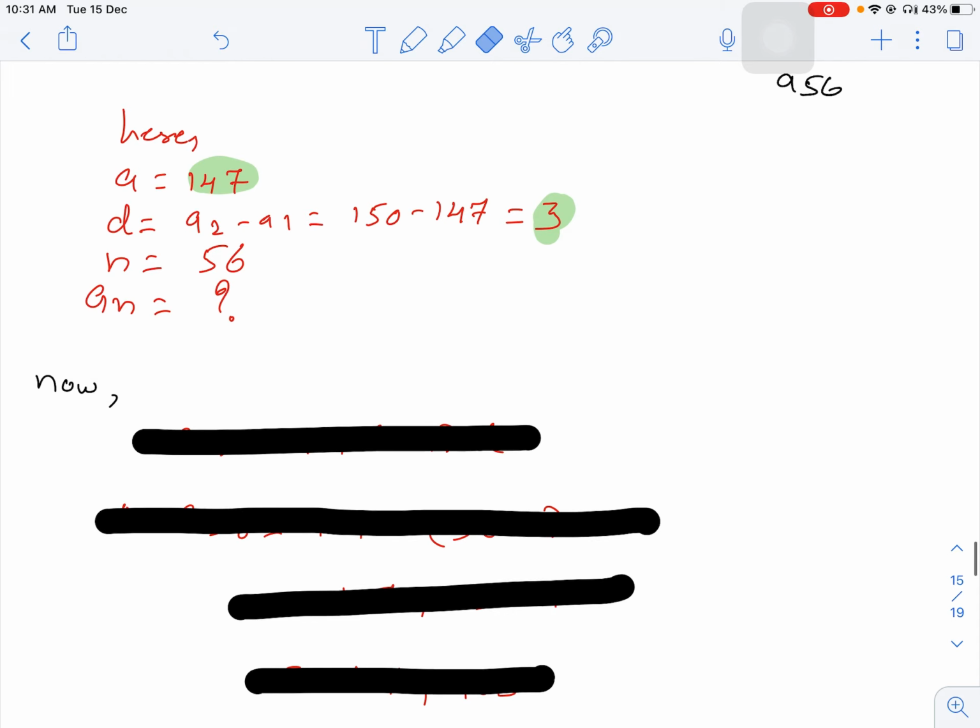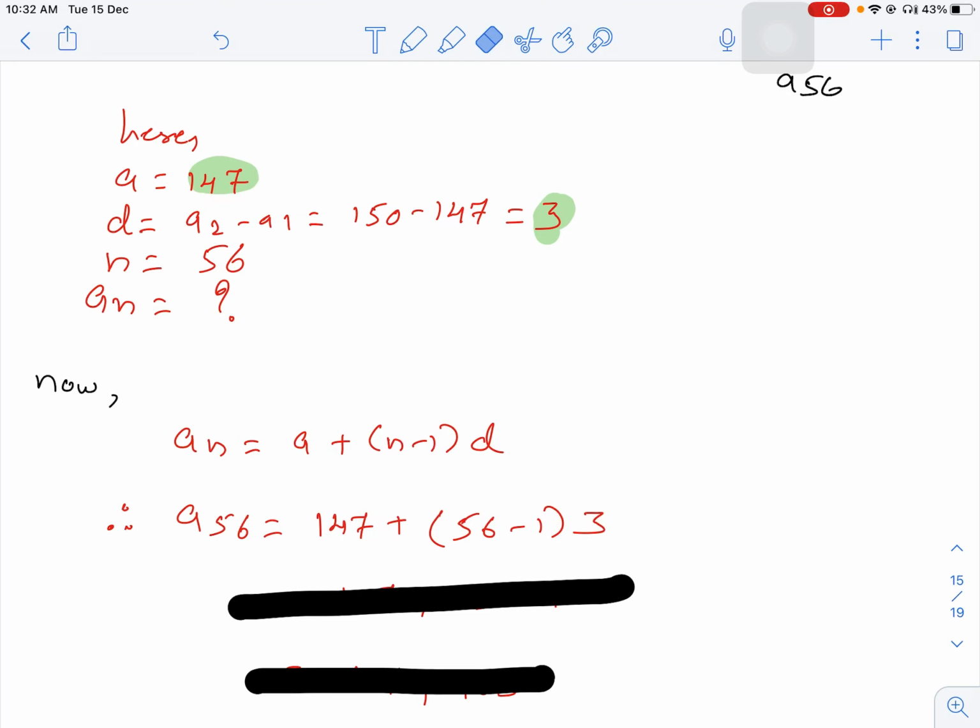Now we know the formula, an equals a plus n minus 1 into d. So a equals how much? 147. That value we will put here. Now n means we have to find the 56th term, so I have written here A56 equals the value of a, 147, plus the value of n, that is 56, minus 1, and the value of d, that is 3.